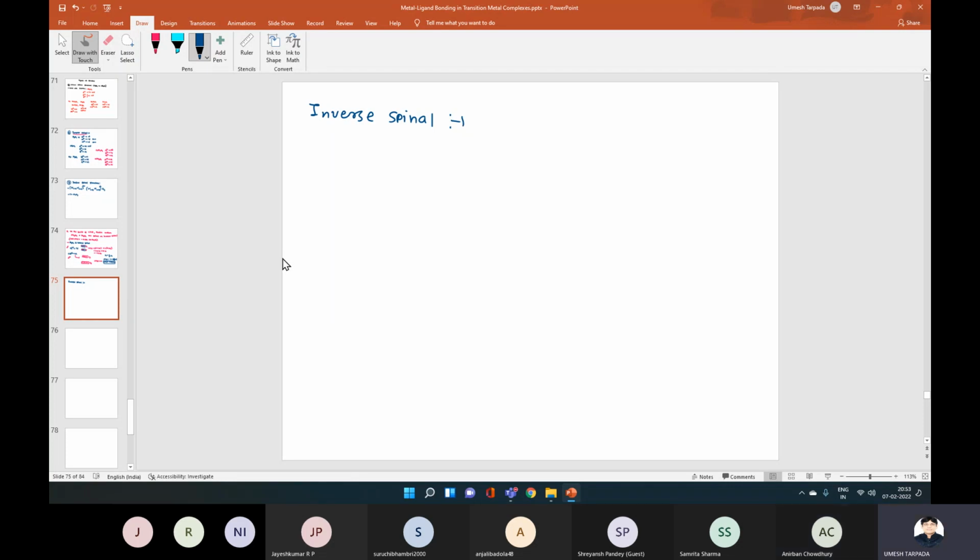Okay, it is half octahedral and half tetrahedral. So here it is arranged in this way. Fe2+ is there in which void?